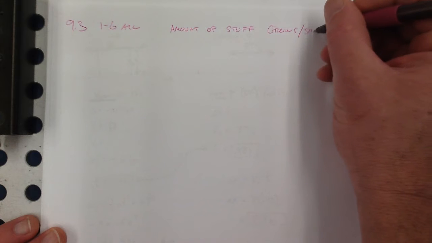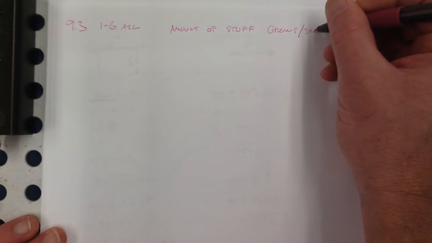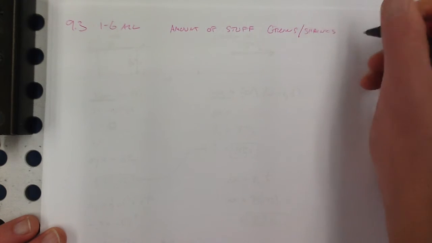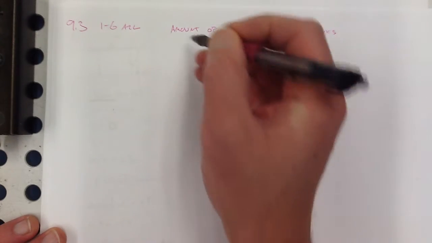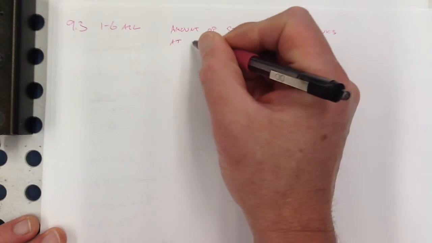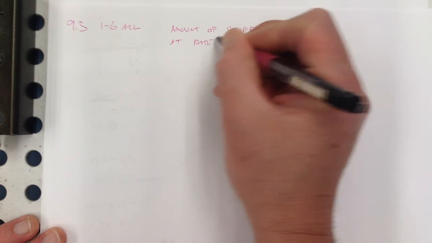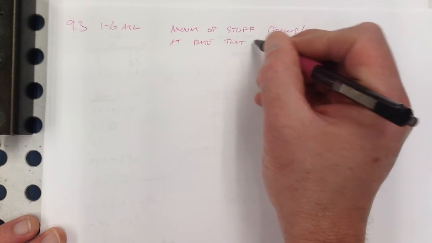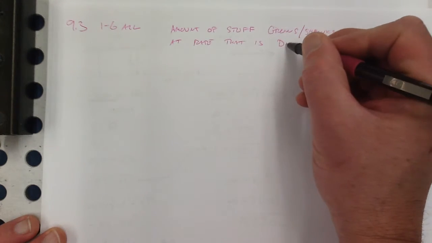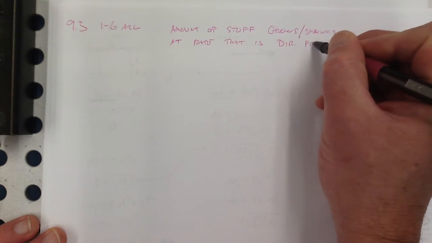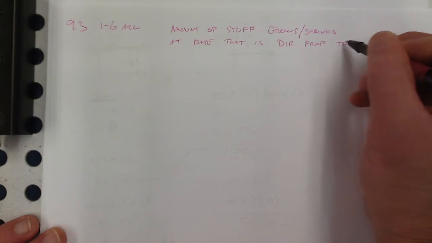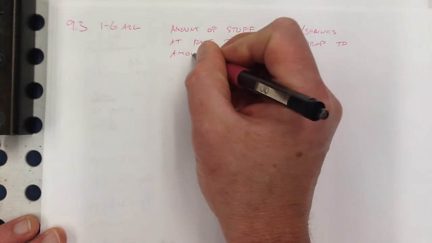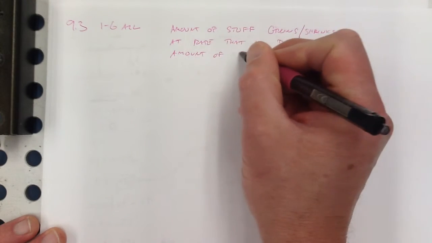It grows or shrinks. In other words, the rate is positive or negative. The amount of stuff grows or shrinks at a rate that is directly proportional to the amount of stuff. That's the model.